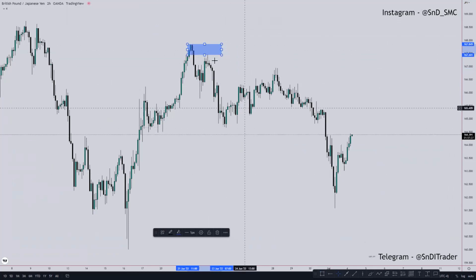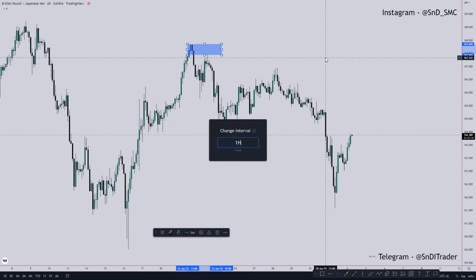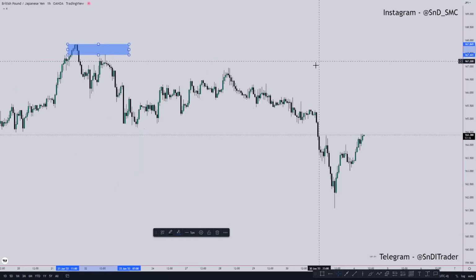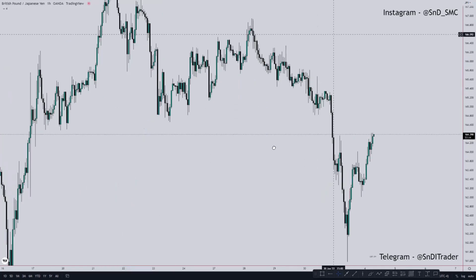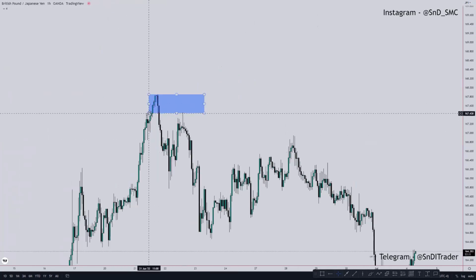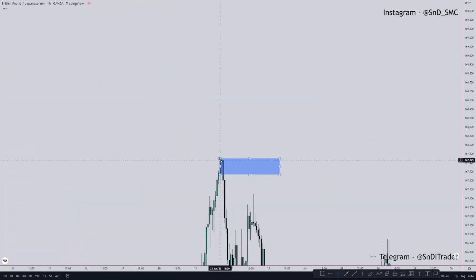So on 2 hour, this zone has not taken out any sort of liquidity, so I will not select this as a point of interest, and I will go to a lower time frame, like 1 hour. Same thing on 1 hour time frame. You see this candle, we have some sort of fair value gap in here.